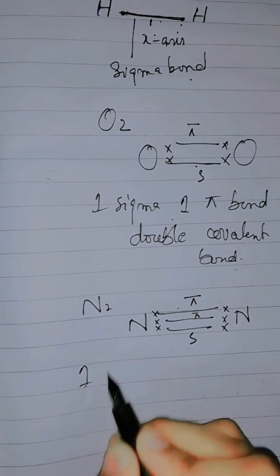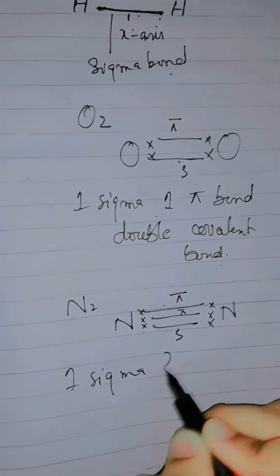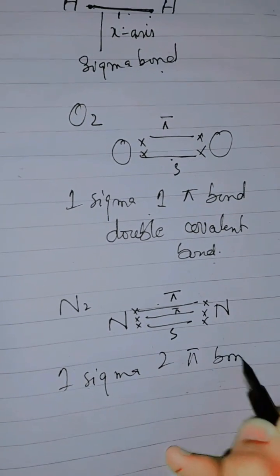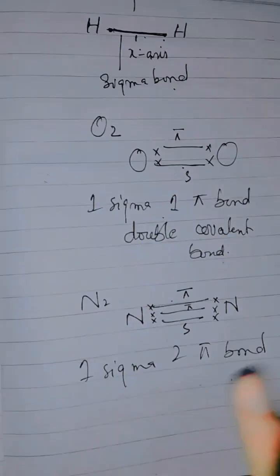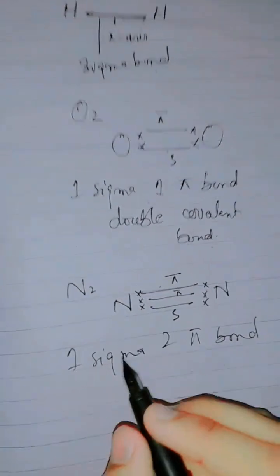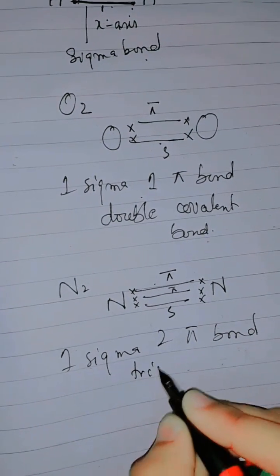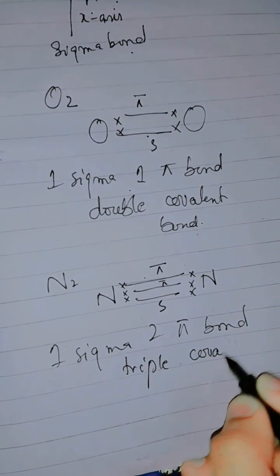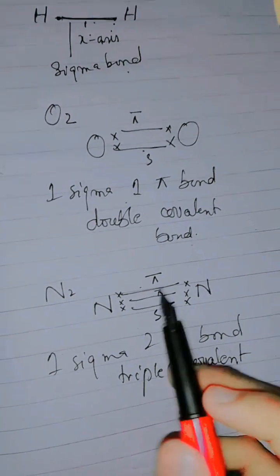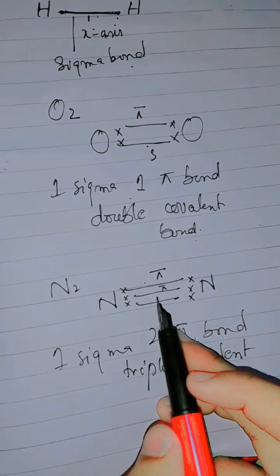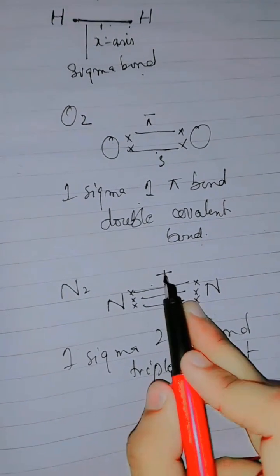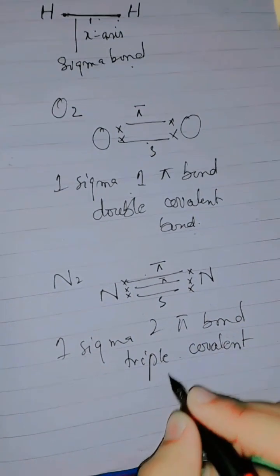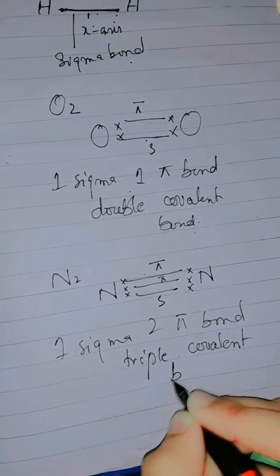So there is one sigma bond and two pi bonds. It is sharing three electrons, so three bonds are formed here, first on the x-axis, second on the y-axis, third on the z-axis, and that is called a triple covalent bond.